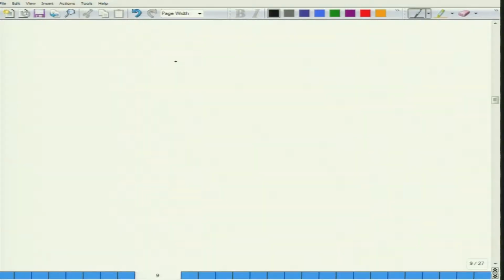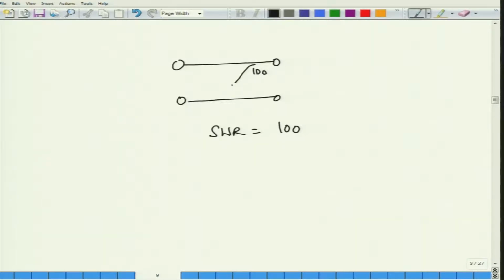And these standing waves can get pretty nasty. You have a transmission line, and then your SWR, let us say, happens to be about 100. What it means is that the wire or the transmission line is subjected to a voltage which is 100 times larger than the minimum voltage. Okay.